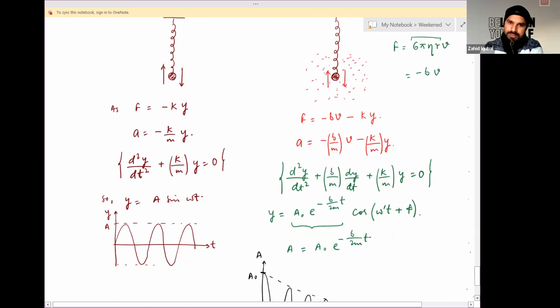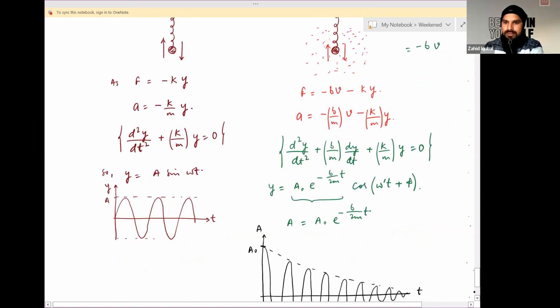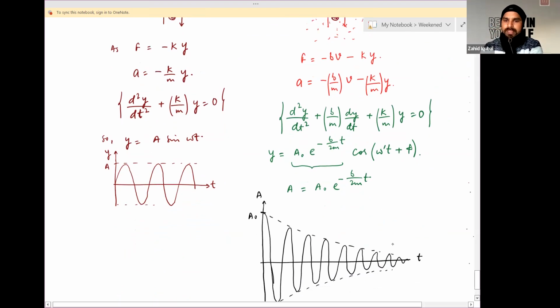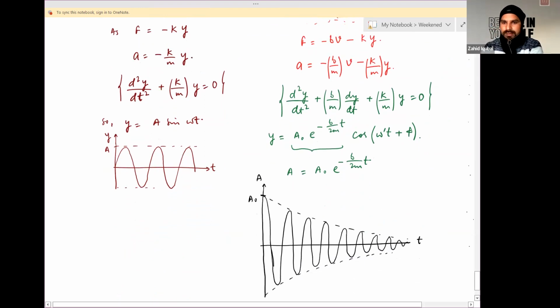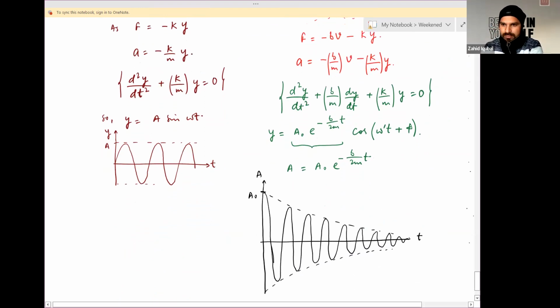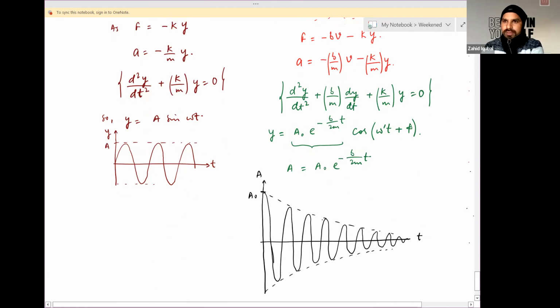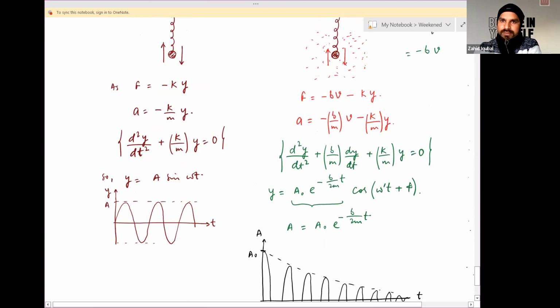According to this expression, the amplitude gets continuously, exponentially decreasing with respect to time. So at some time, it may stop completely and become 0. So this type of oscillation is called damped oscillation. Just write it down, then we will define these two different terms.